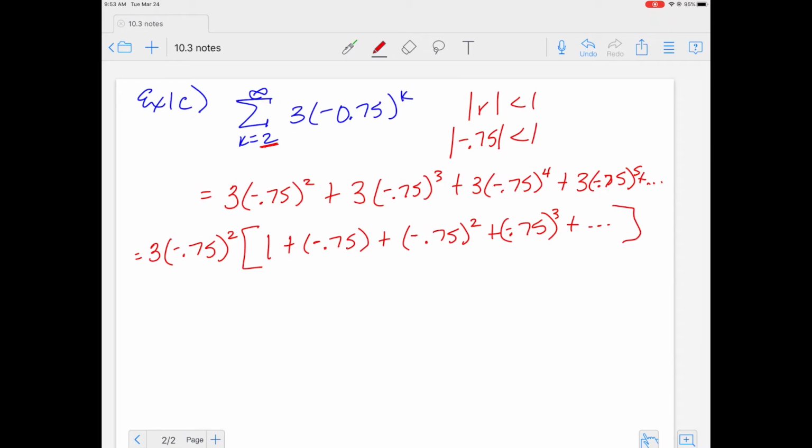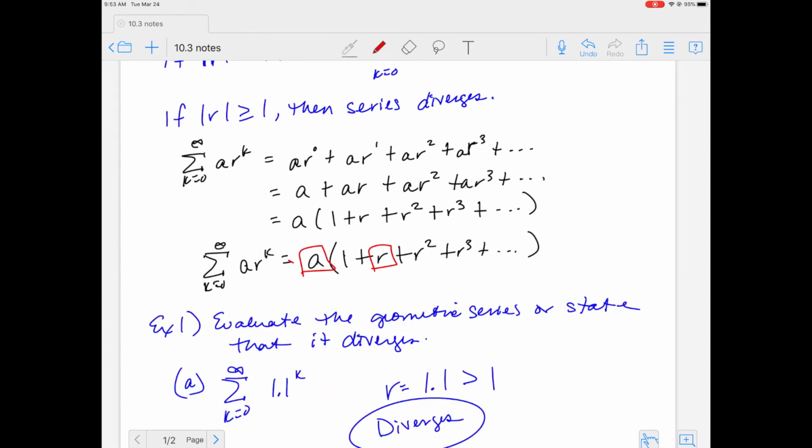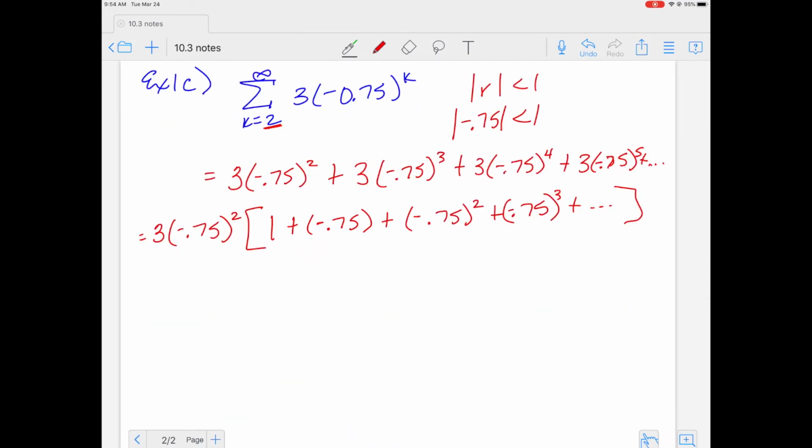Do you see that? And this is my point. This is why I wrote this part out. When you don't have a 0 here, if you have a 0 here, then it's super obvious what your a and your r are. But if you don't, whatever you have that's in common, so that you get this 1 right here, and then that is your r value. So I have this in common, which tells me this is going to be my a value, and this is my r value.